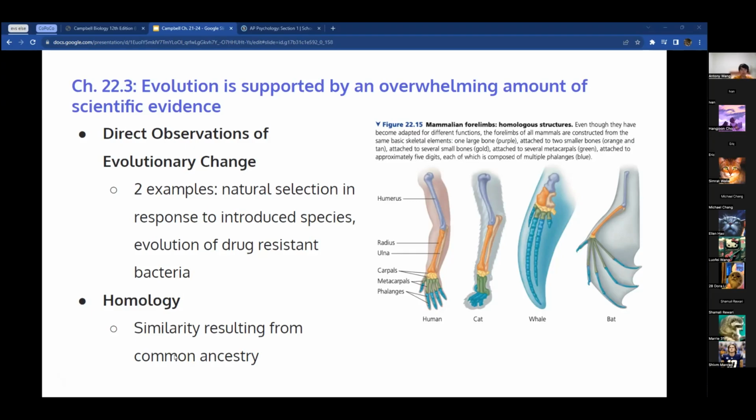Basically, analogy is two species becoming similar even though they're not closely related. A common way to tell homology versus analogy is that if the characteristics of the shared trait are very complex, it's most likely a homology, whereas if it's a very simple association, it could be an analogy.